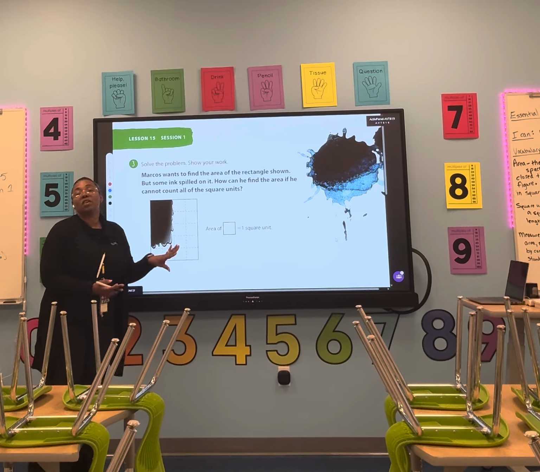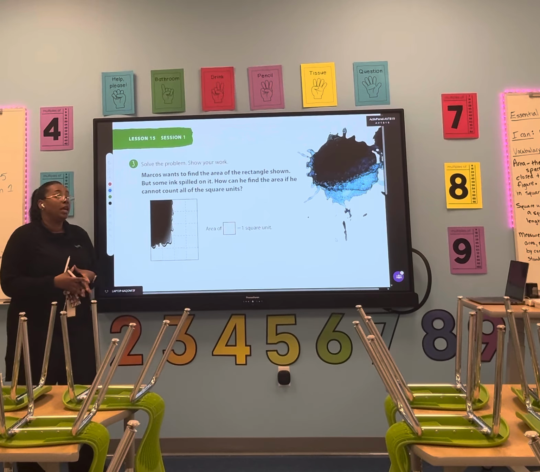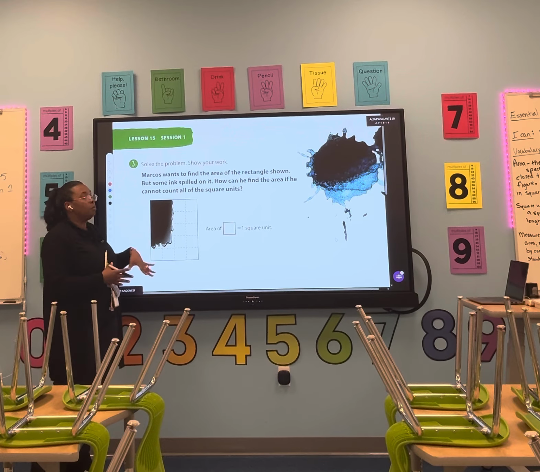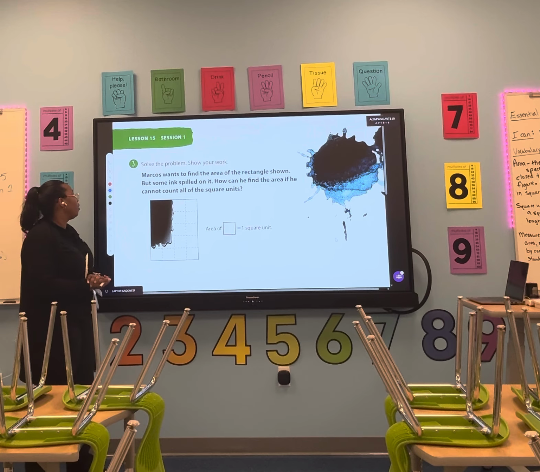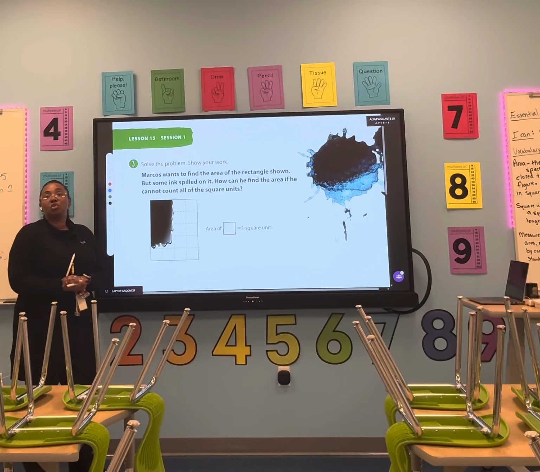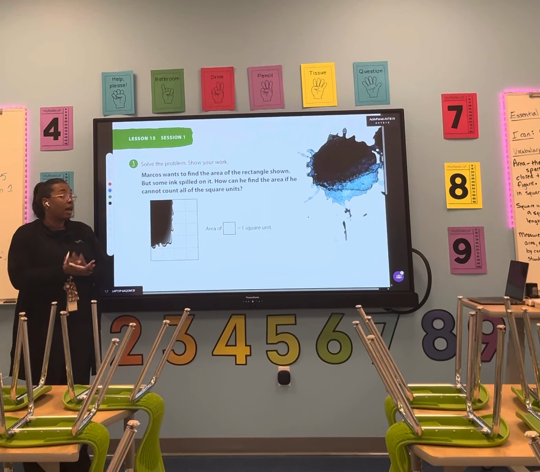Okay, so this is very similar to a problem that we had in class today. We had ink spilled on part of our rectangle, and the kids came up with the idea of, hey, I can maybe just draw my squares in and then do a skip count that way. So we can definitely do the same thing since the kids did that in class.